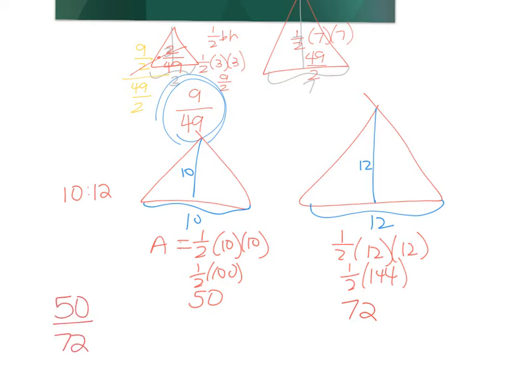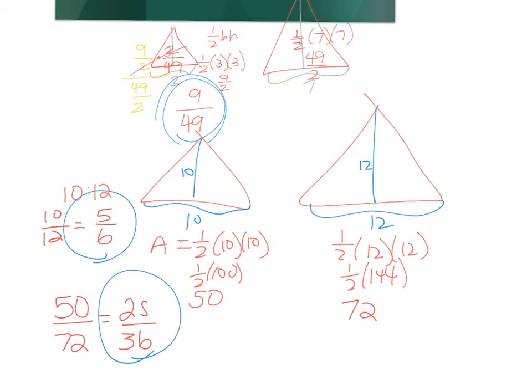Is that simplified? Cut it in half, 25 to 36. And then reduce my original scale factor. What do I get? 5 to 6. What's the relationship between this and this? They're squared. So it's going to happen every time.